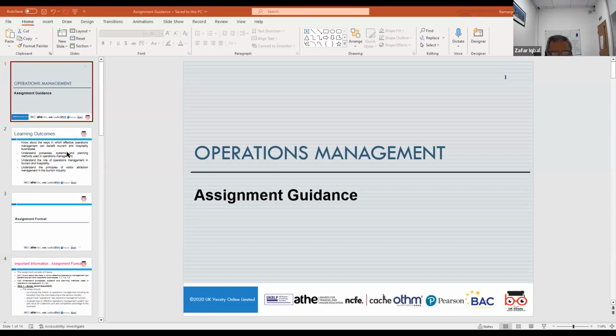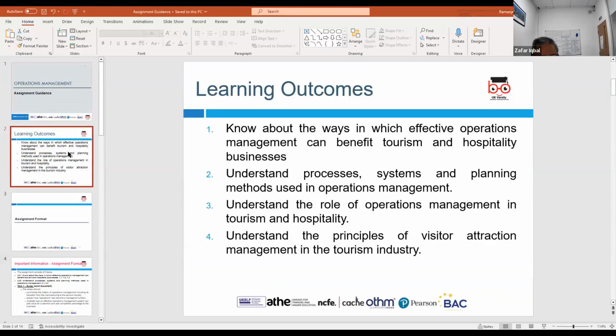Let's talk about the operations management assignment guide. What are the learning outcomes for today? We have covered 4 learning outcomes in 4 lectures, right? The first one was to know about the ways in which effective operations management can benefit tourism and hospitality business.